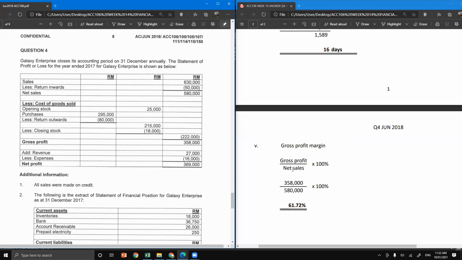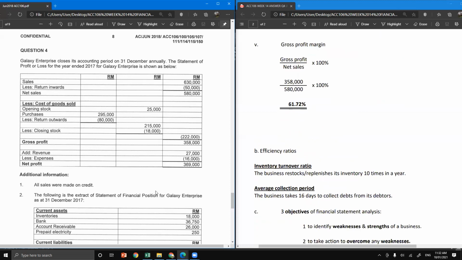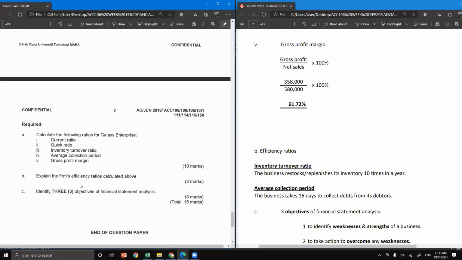For gross profit margin, 358,000 ringgit divided by 580,000 ringgit times 100 is equal to 61.72%.